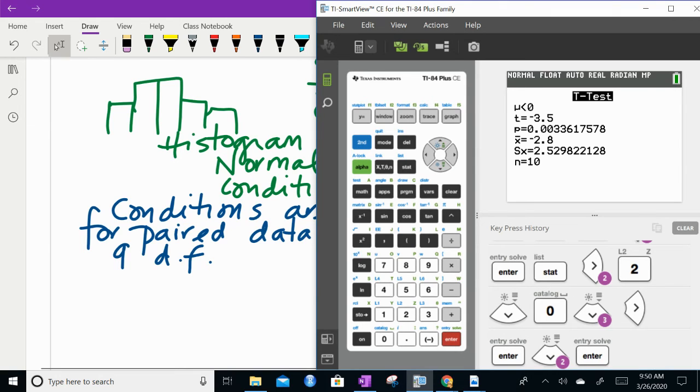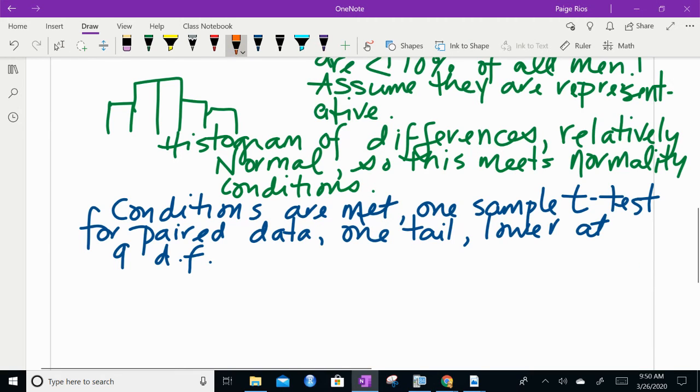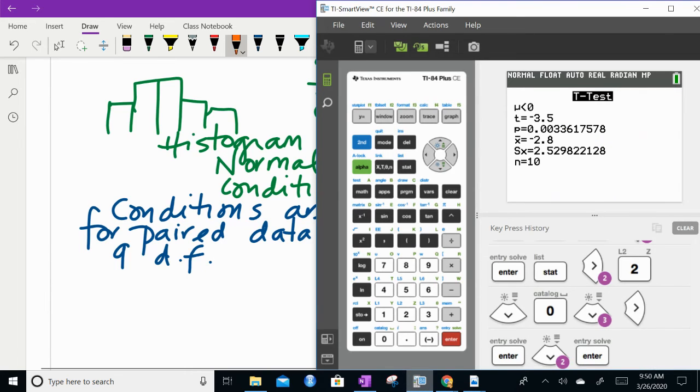So what I have from my calculations, you can see that I've got a t-score of negative 3.5, so my p-value is 0.003. My average difference was negative 2.8, and my standard deviation was 2.53. Okay, so I'm going to get all of that written down for my formula here.